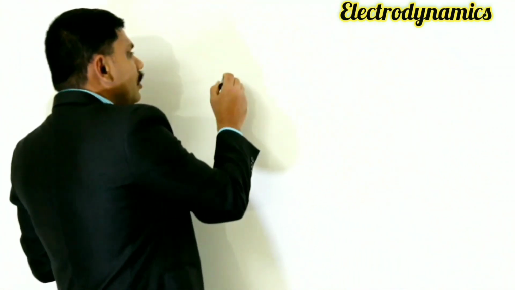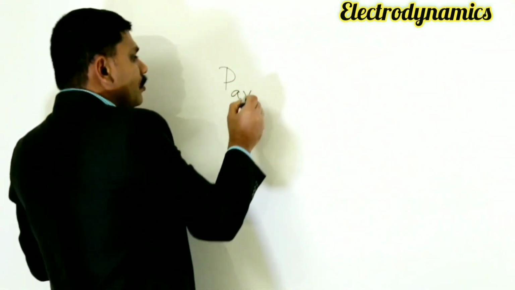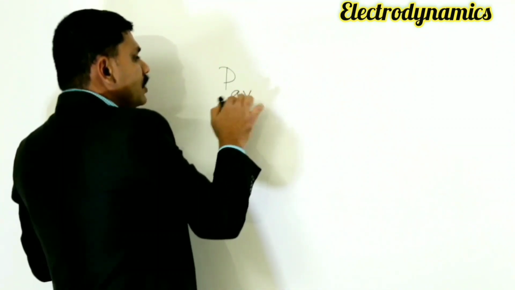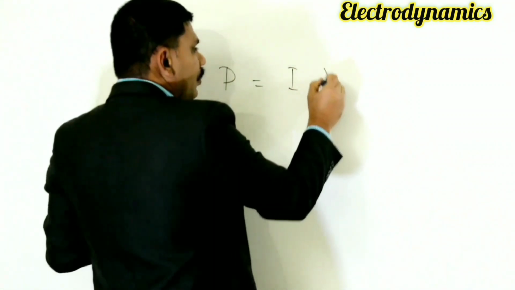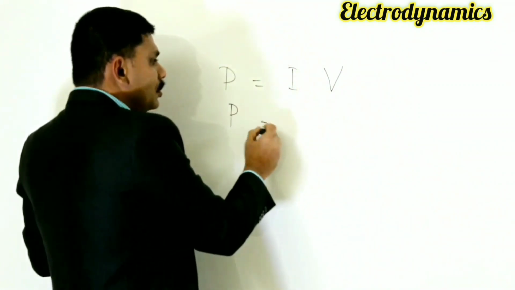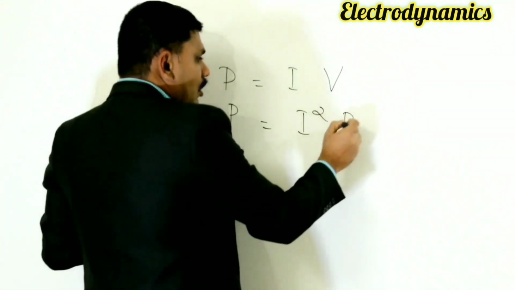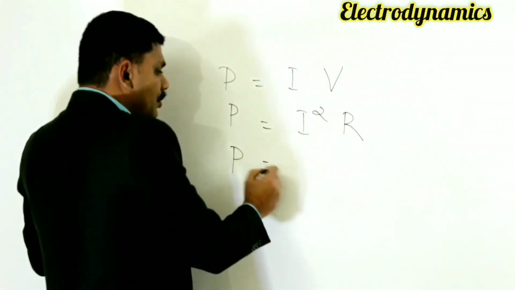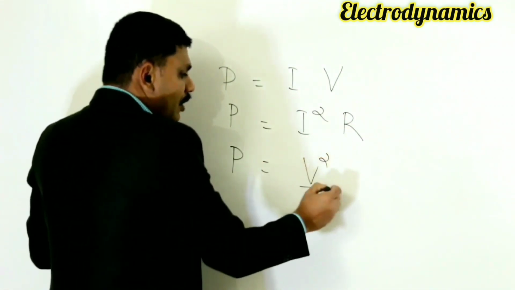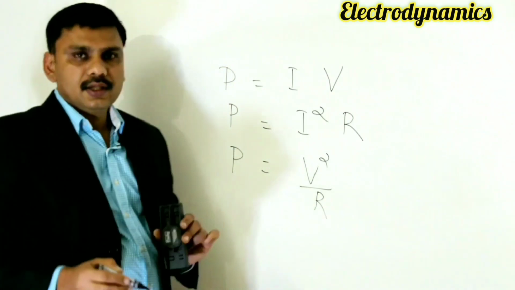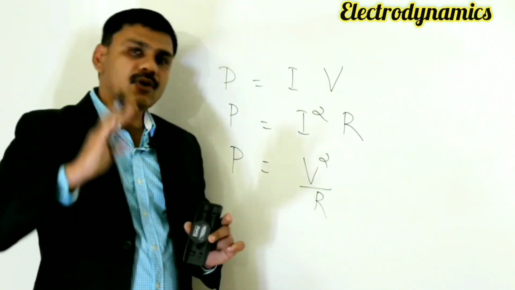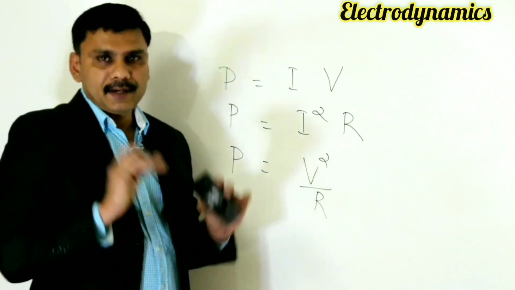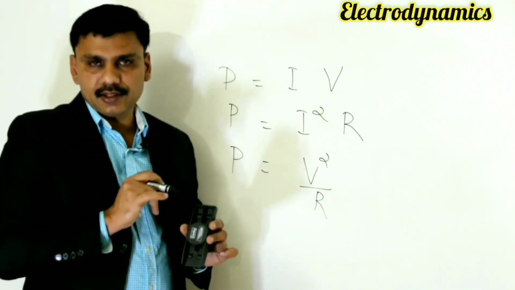Then you learned P average, the power equations: P equal to IV, P equal to I square R, P equal to V square divided by R. These equations we use in the case of direct current or direct voltage.